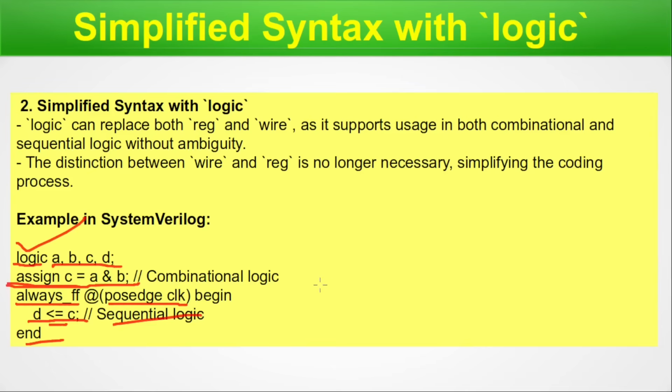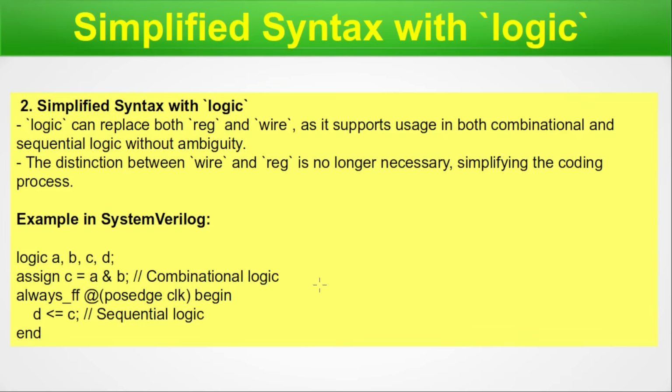Earlier we used to get confused, and sometimes mistakes could be there in the Verilog code. Now logic gives you a free hand to code with both combinational and sequential logic, as well as continuous assignment and non-blocking assignment. So you are free in your mind. With logic, SystemVerilog removes one of Verilog's biggest pain points, having to constantly decide between reg and wire.